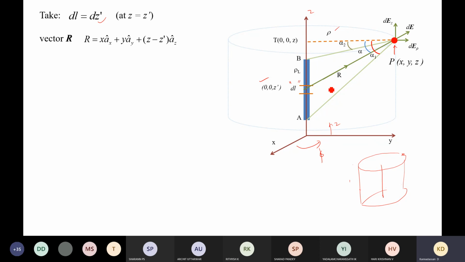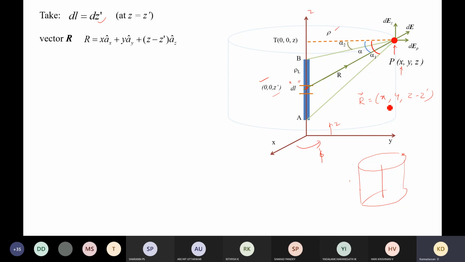Now we take this particular point and calculate the r vector. In the rectangular coordinate system, the r vector is very easy. This is the end point and this is the starting point. We know the starting point and the end point, so x minus 0, y minus 0, z minus z dash.